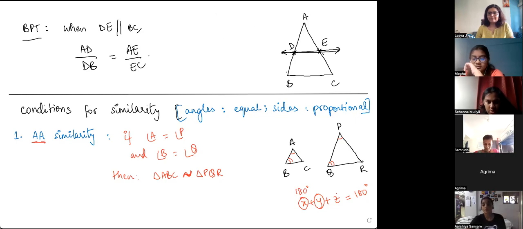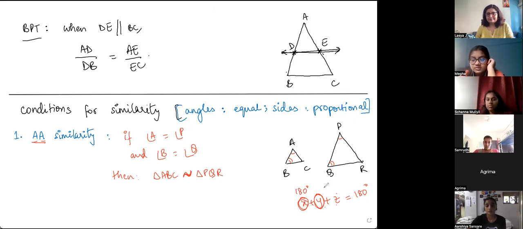Yes, ma'am. Could you repeat? Your voice is breaking. So I was saying, triangles have three angles, right? Let those values be X, Y and Z. In two triangles, X is equal and Y is also equal. Let's say angle A is X, then angle P is also X. Angle B is Y, angle Q is also Y. So what can you say about the third angle in both the triangles?